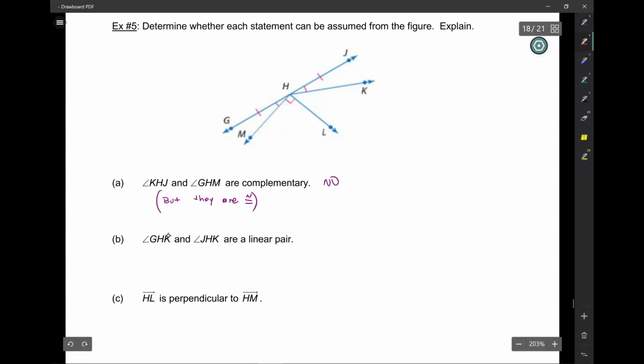GHK. I always like to highlight these things. So GHK and JHK are a linear pair. Are they? Yes. Look at the two I highlighted, because this is the side that they share, but the sides that they don't share form a straight line.